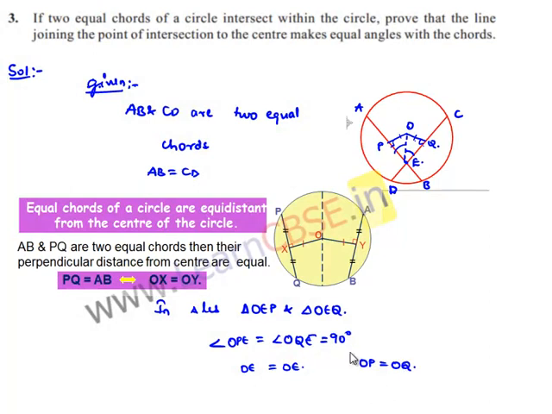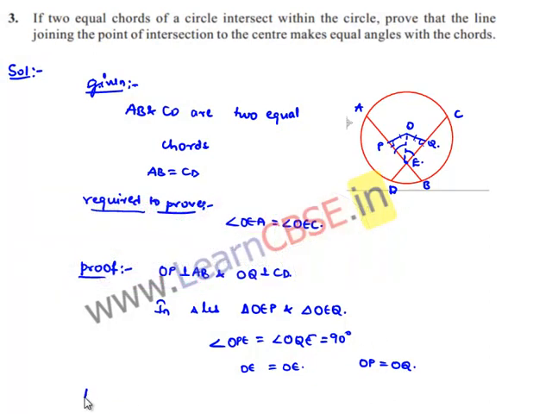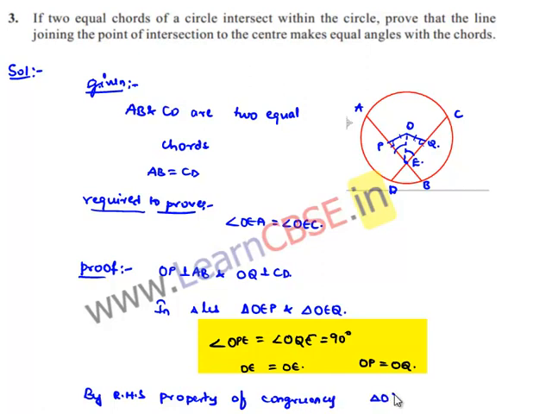Therefore, by the RHS property of congruency, since it is a right angle triangle, both the triangles are congruent. Therefore, triangle OEP is congruent to triangle OEQ.